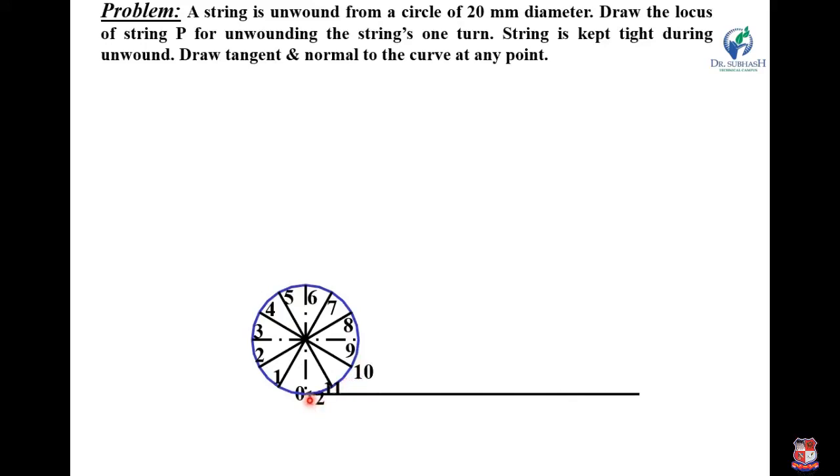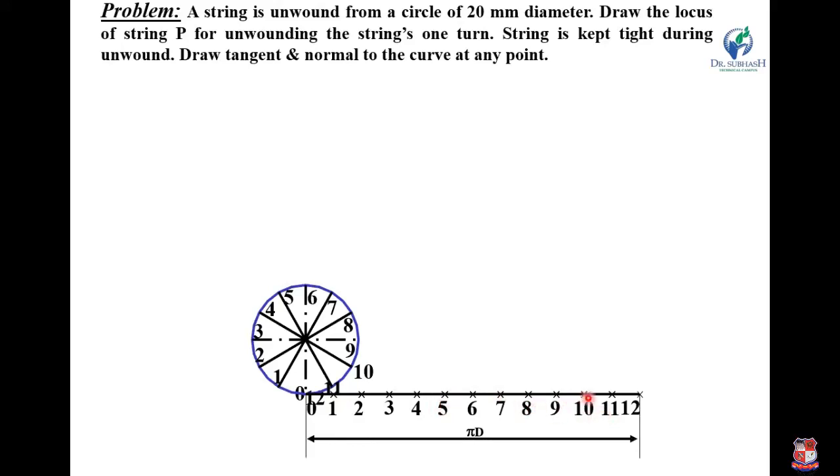The next step is to draw a line which is tangent to this circle, and the length of this line is equal to the circumference of the circle, that is 2 pi r or pi d. Divide this line into 12 equal divisions. The number of divisions of this line is equal to the number of divisions of the circle. If we divide the circle into 8 divisions, then you have to divide this line into 8 equal divisions, and the length is equal to pi d.